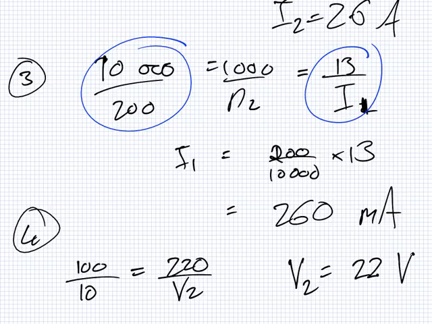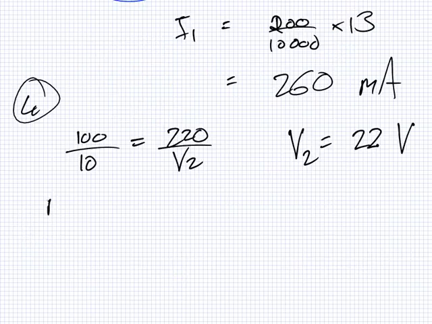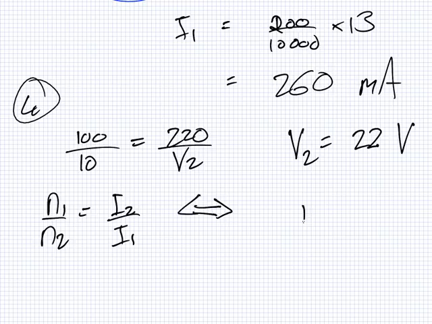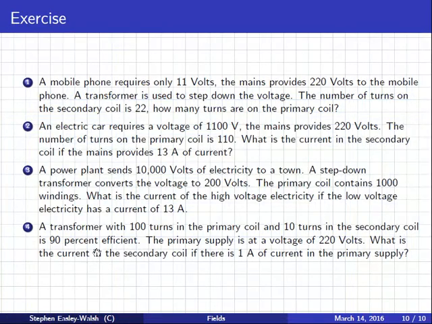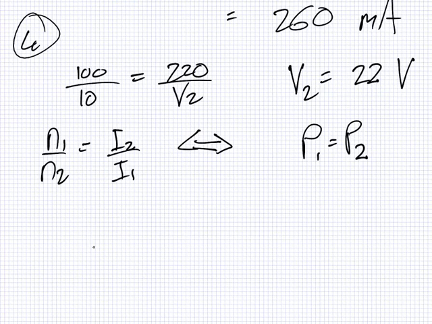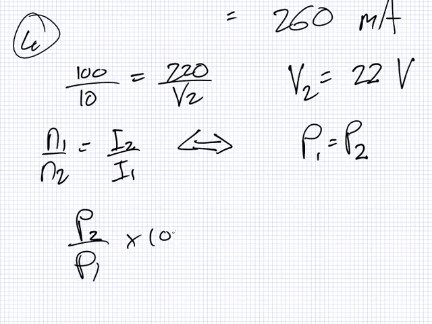Now the problem is the current is not following the previous law, because if you remember the law that says N1 over N2 equals I2 over I1, that's coming from the law that says power in equals power out. But this is not true, because I said it's 90% efficient. So instead I need to say P2 over P1 times 100 equals 90.